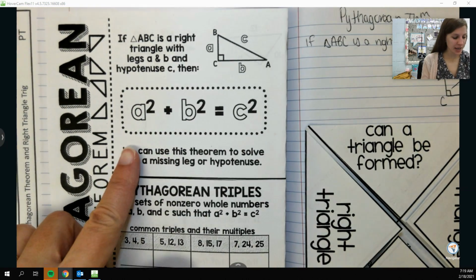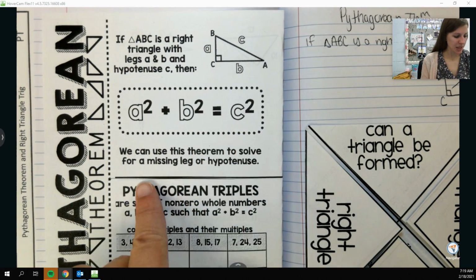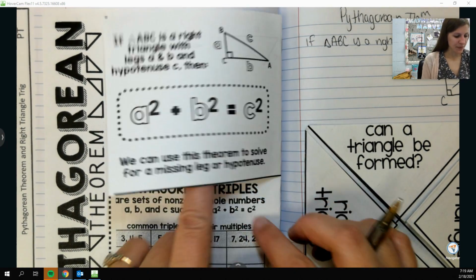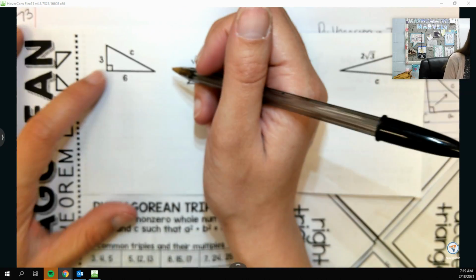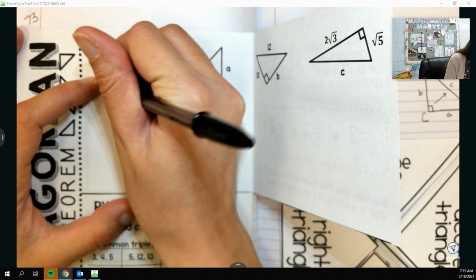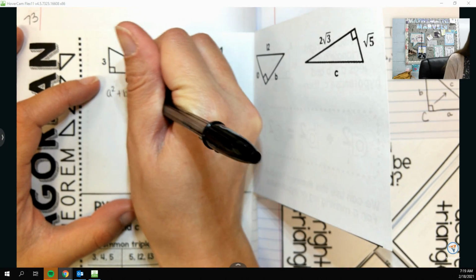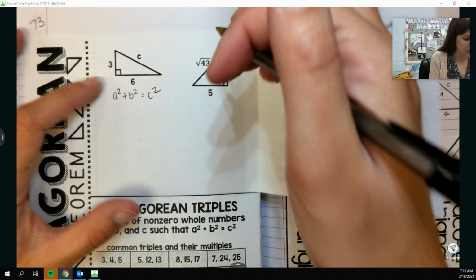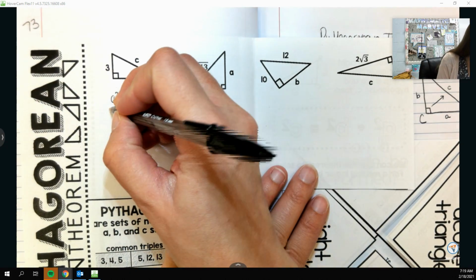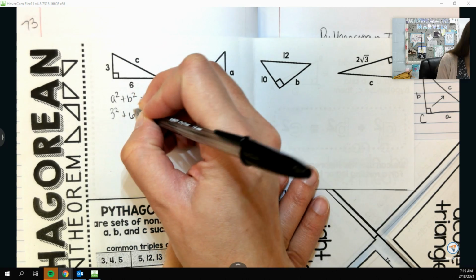If we jump over here, same Pythagorean theorem, super cute. If we open that one up, we're just going to try a bunch. So I have a right triangle. I can do a squared plus b squared equals c squared. We're going to put the legs in for a and b. So 3 squared plus 6 squared.